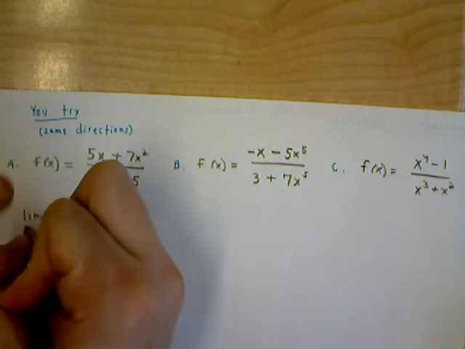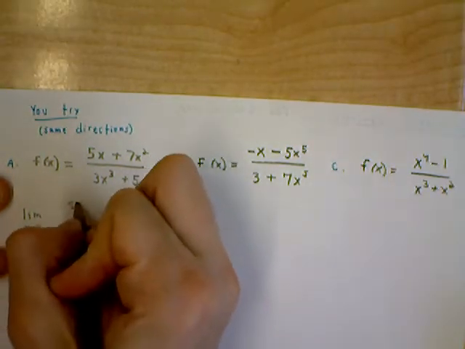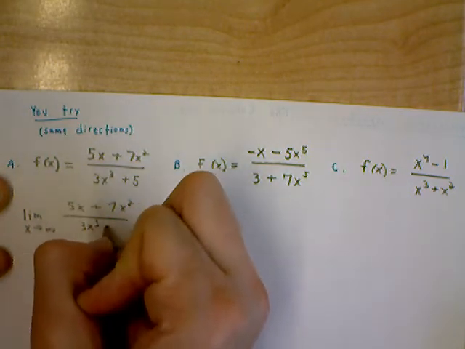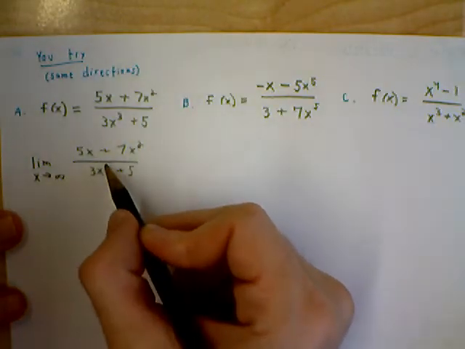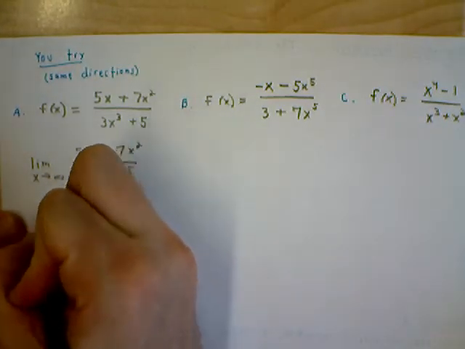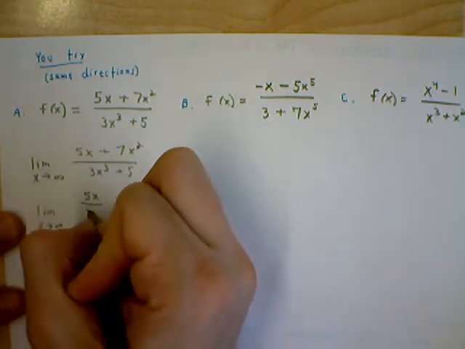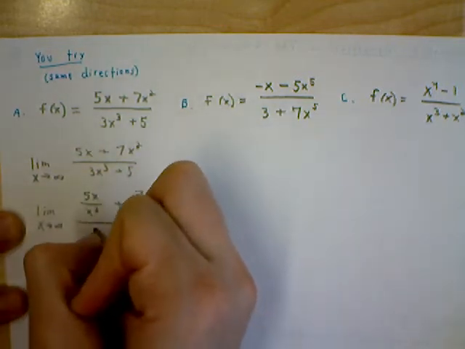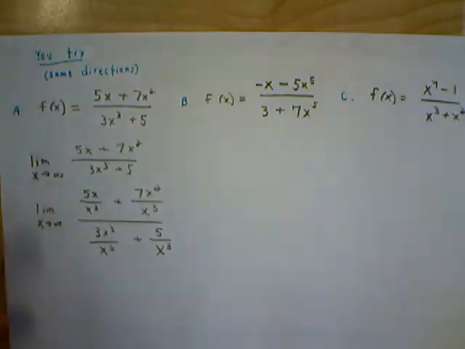All right, I'm going to get started. Let's start by finding the limit as x approaches infinity of 5x plus 7x squared over 3x cubed plus 5. I see the highest degree is 3, so I'm going to divide all the terms by x cubed. So I have 5x over x cubed plus 7x squared over x cubed over 3x cubed over x cubed plus 5 over x cubed.